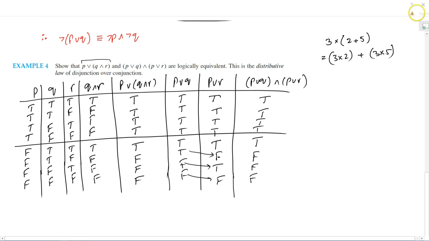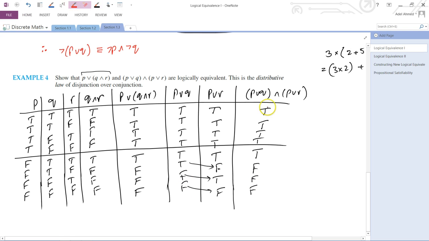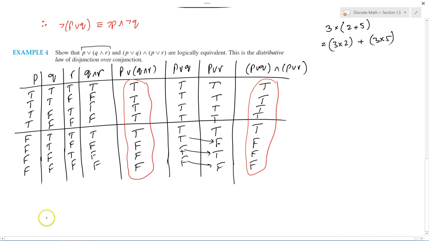Now just look at the result over here and the result over here, and you will notice that they are equivalent, and hence we can say that P or (Q and R) is logically equivalent to (P or Q) and (P or R).